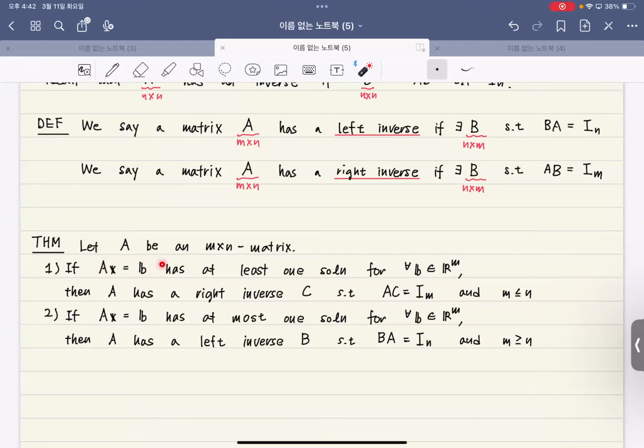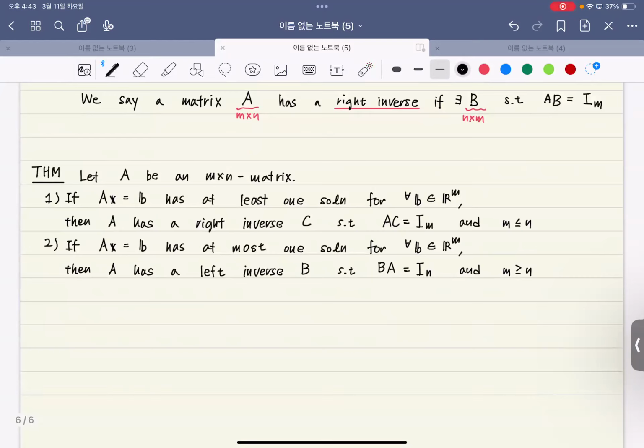If the system has at least one solution for all possible choices of b in R^m, then A has a right inverse, and in that case m is less than or equal to n. That means A must be a wide matrix, because the row index is less than or equal to the column index.